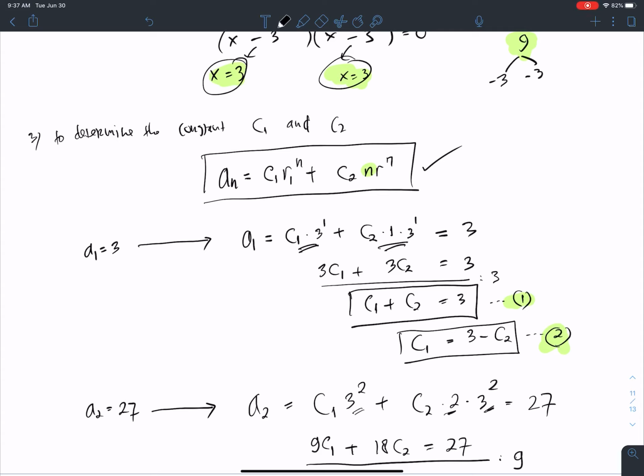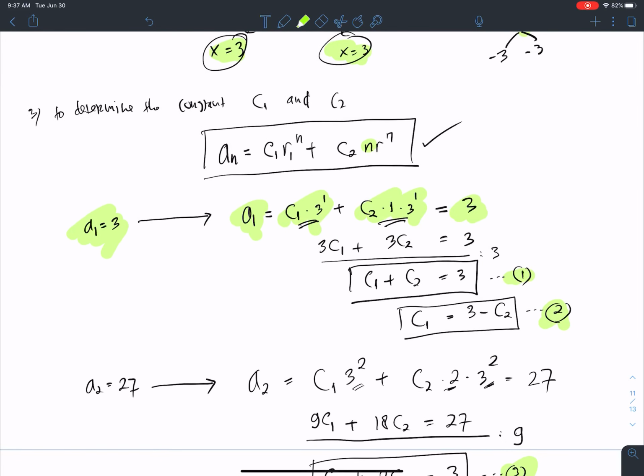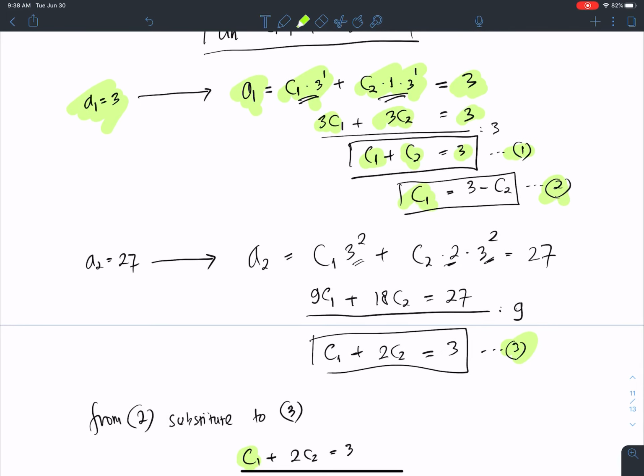So starting here, A1 is 3, so we substitute A1, and then c1 times 3 to the power of 1, and then c2 times 1 times 3 to the power of 1 equal to 3. Hold on, is it a mistake or not? Correct. So from here, we have 3c1 plus 3c2, correct, equal to 3. So c1 plus c2 equal to 3, correct, and then c1 will be 3 minus c2, correct. So no problem in there.